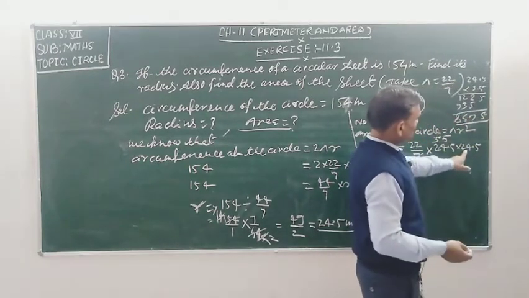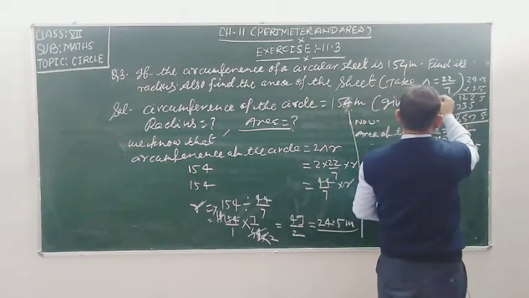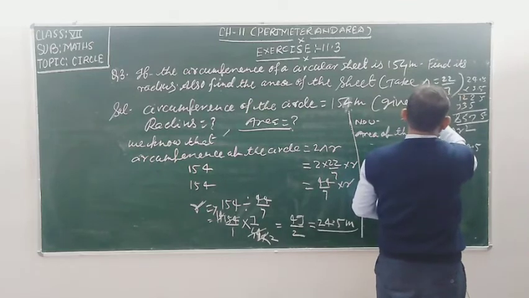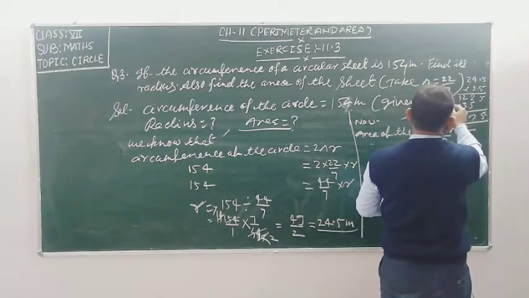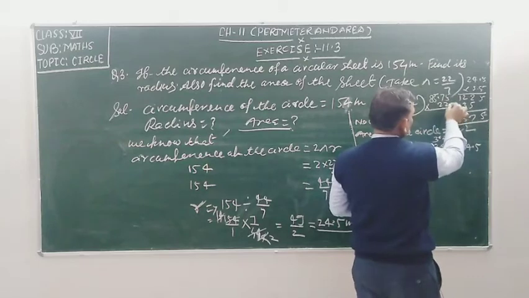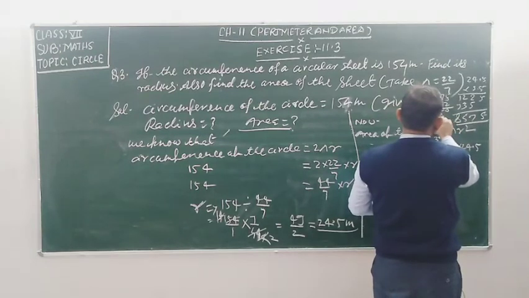When we multiply 24.5 and 3.5 together, in this product, 85.75, we have to multiply by 22. 2 fives are 10, 2 sevens are 14, 2 eights are 16 and carry, and so on.